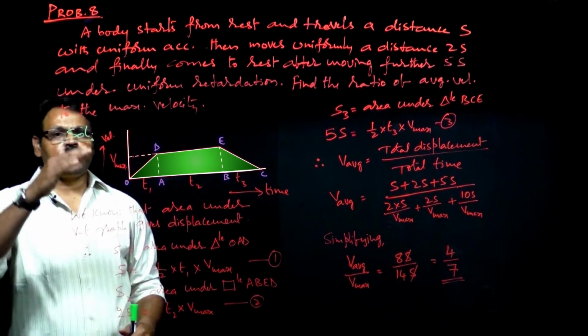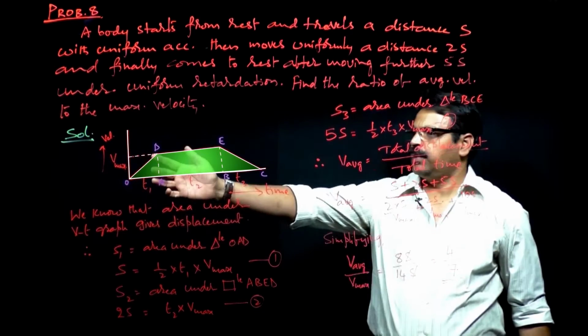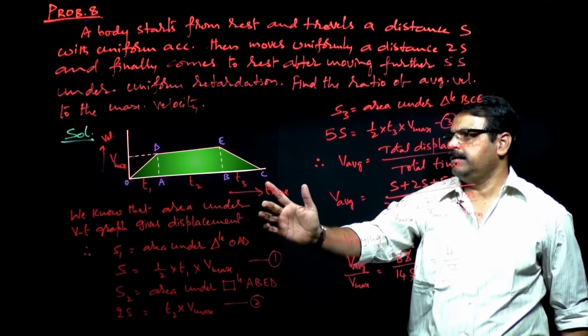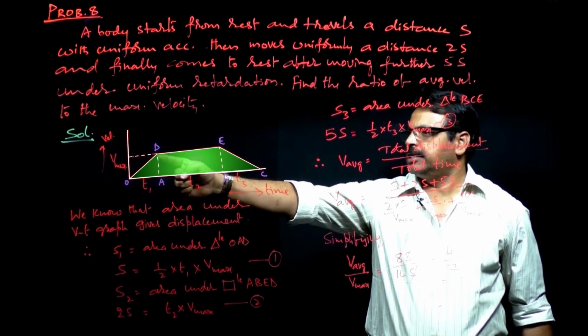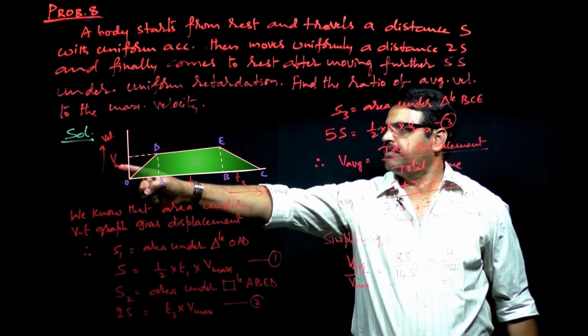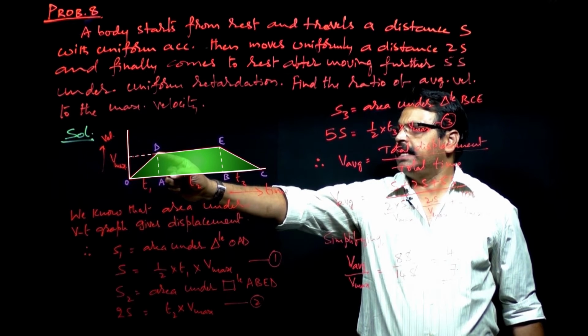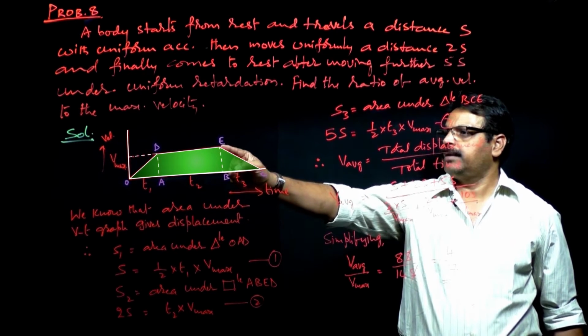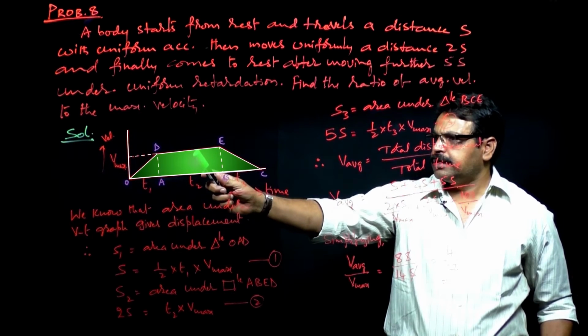If I take the velocity-time graph, initially it is traveling with acceleration and reaching the maximum velocity. The final velocity is the maximum velocity, and later, in the second interval of time, it is traveling with uniform velocity. That means there is no acceleration here.